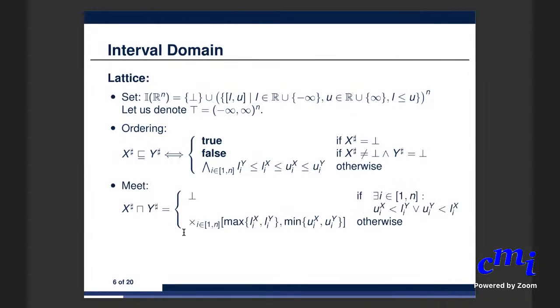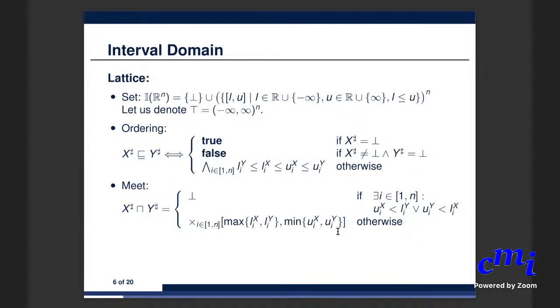So the meet can be defined in this way. It takes the intersection, the greatest lower bound of these two intervals represented by X hash and Y hash. You will have to take the max of the two lower bounds and the min of the two upper bounds for each i.